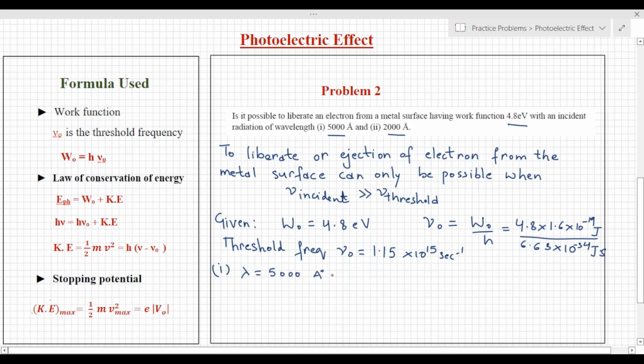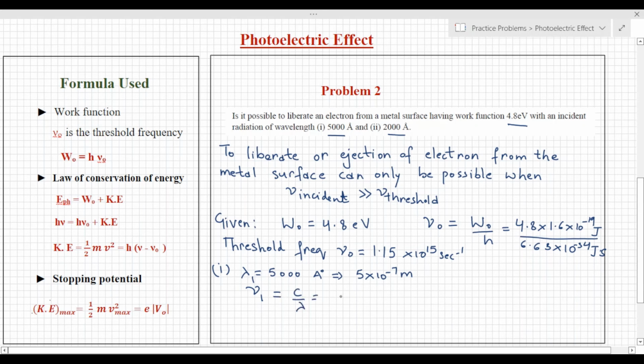You can write it as 5 into 10 raised to the power minus 7 meter. So you can easily find out the incident frequency for this lambda. Say it is lambda 1, so nu 1 will be c by lambda.